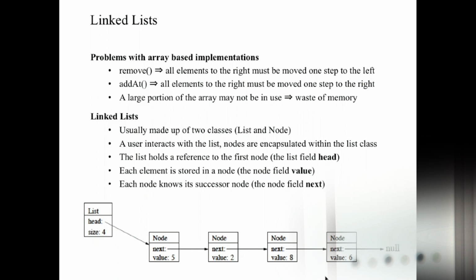And when you add this new node into your list, you will pass the reference or the address of this new node to your head, so that you establish a connection between the list and the new node. And whatever value you want to insert will be stored in this value attribute. So let's say we want to store a value 10, and this next will be pointing to null.